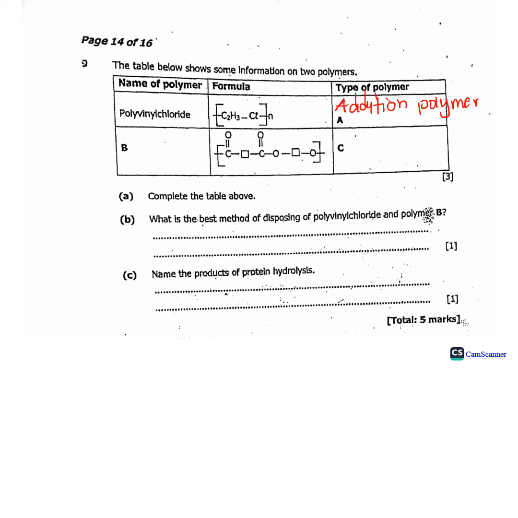Then for C, this one we have an esterification linkage, this type of linkage, a COO, so this one is a condensation polymer. Now, what is the best method of disposing of polyvinyl chloride and polymer B?